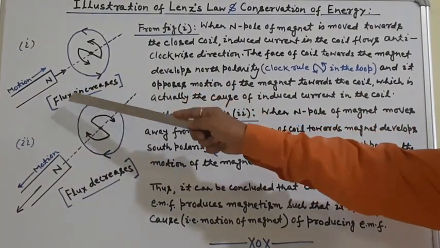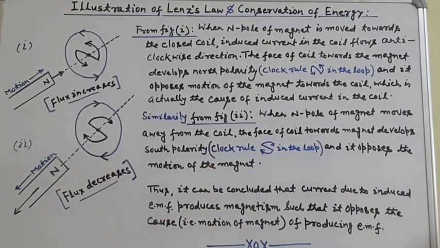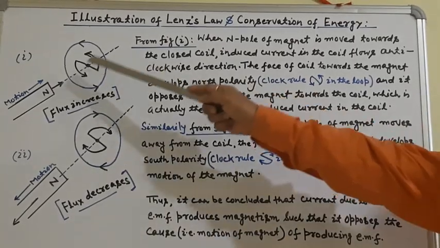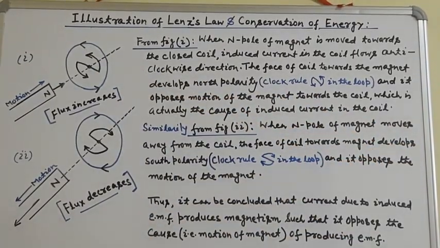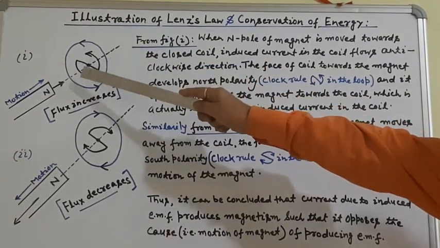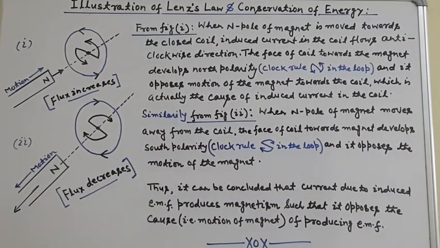Because in the first case flux increases, in the second case flux decreases. So due to this change in magnetic flux, current is induced in the coil. And in both cases, the direction of current is marked. In the first case, it is anti-clockwise. In the second case, it is clockwise.